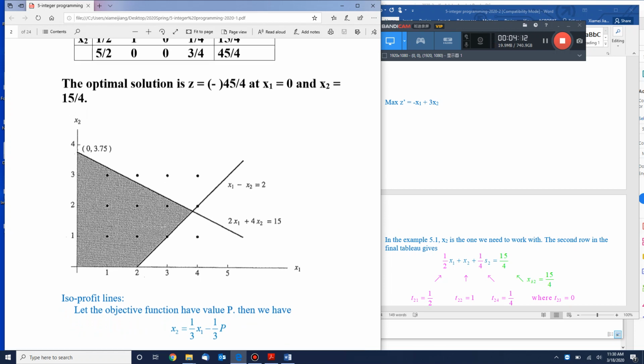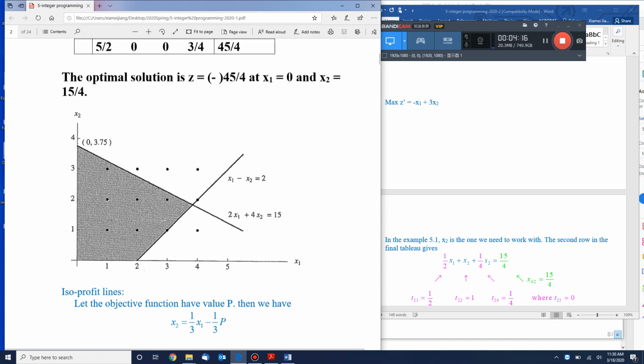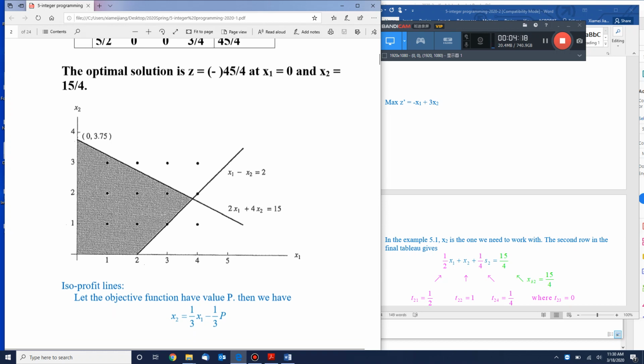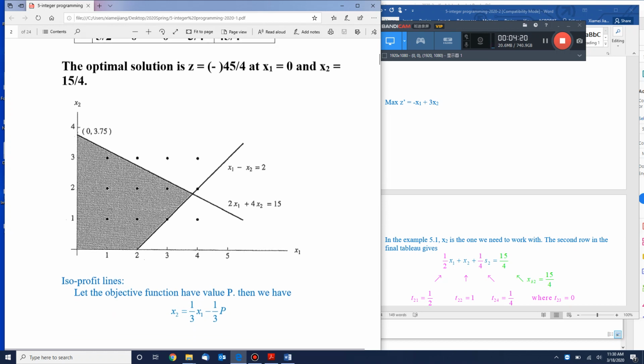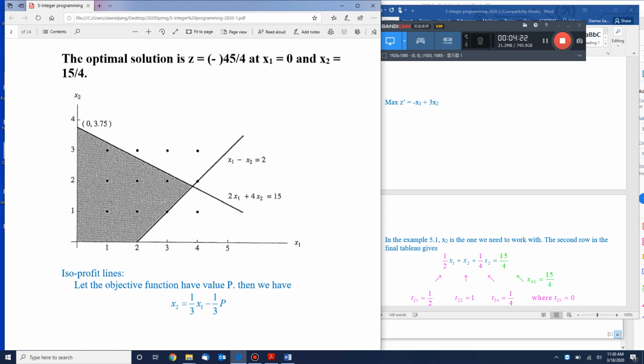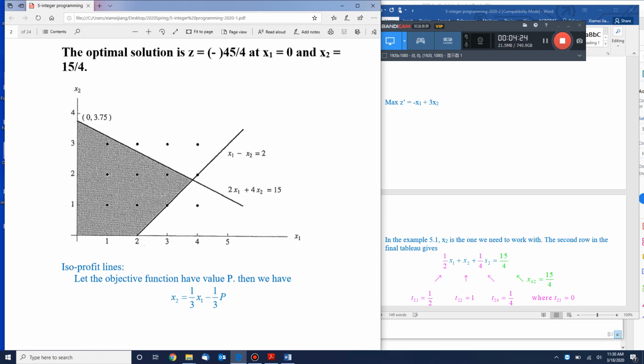We are drawing isoprofit lines. We let the objective function have a value p, then we can get x2 equals half x1 minus 1/3 p. On these lines with different p values, you could see that p stays the same.